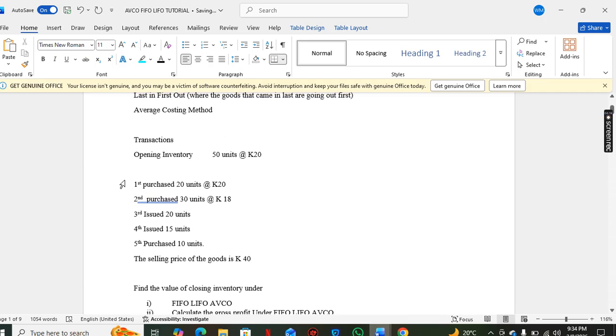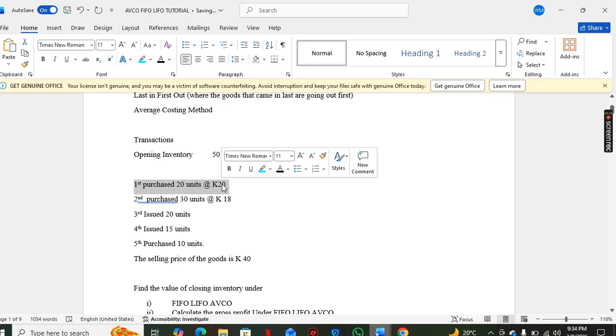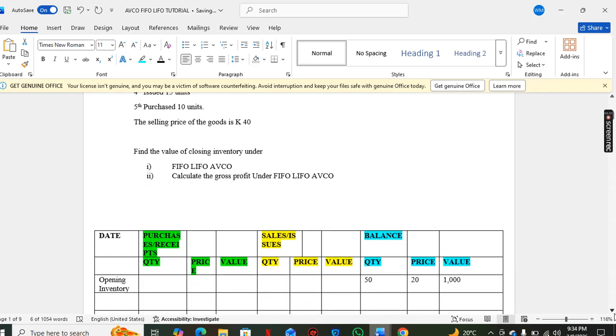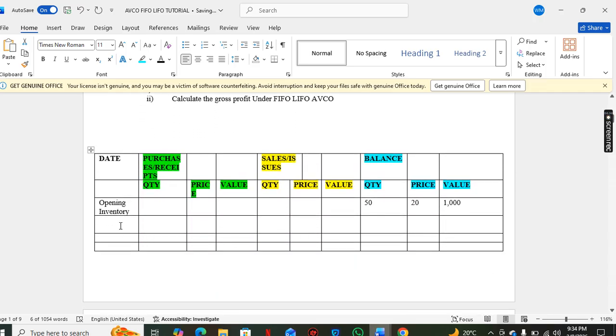Now we come to these transactions here. On the first of the month, this company purchased 20 units valued at 20 kwacha each. So since the total is a purchase, we come here. We purchased 20 units valued at 20 kwacha.